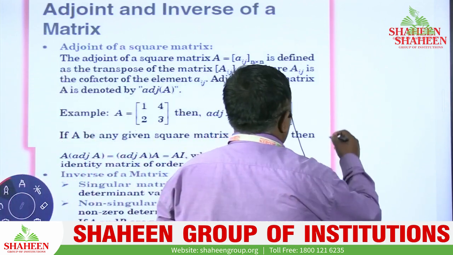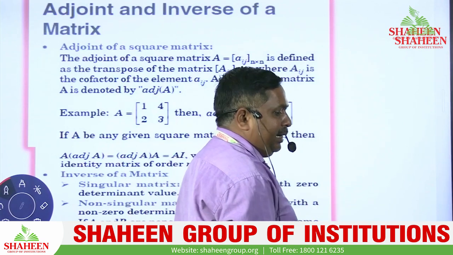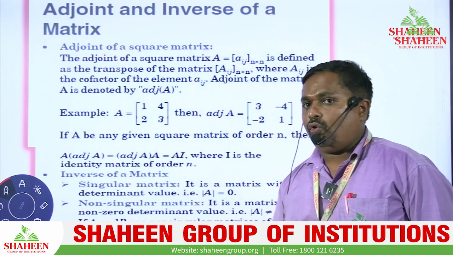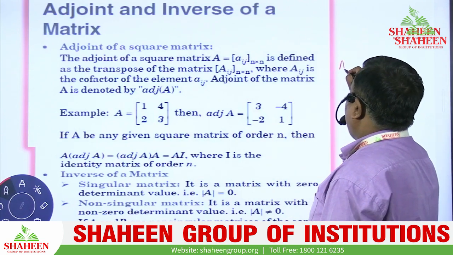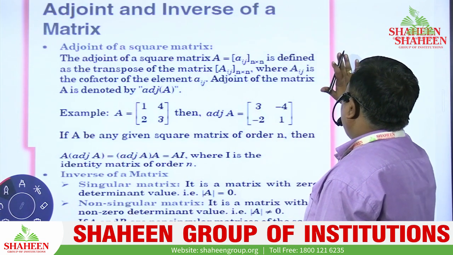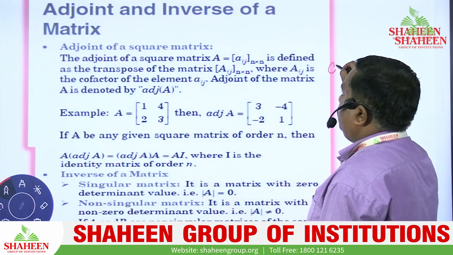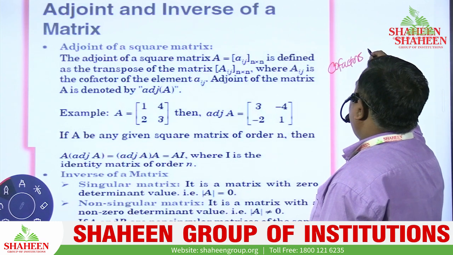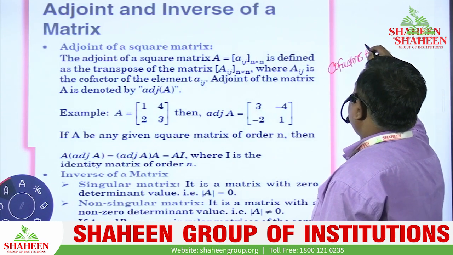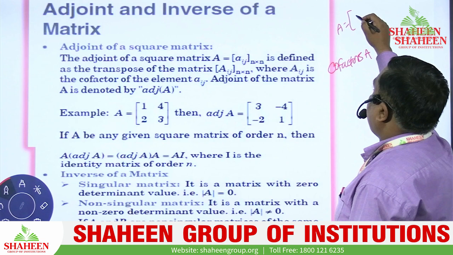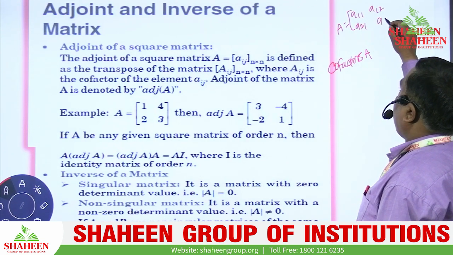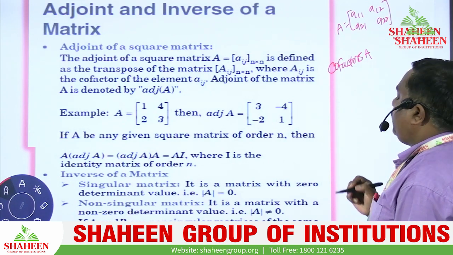For example, here capital A indicates the cofactor of the matrix. Cofactors of matrix A. That matrix A is [a11, a12; a21, a22], a square matrix of order 2.